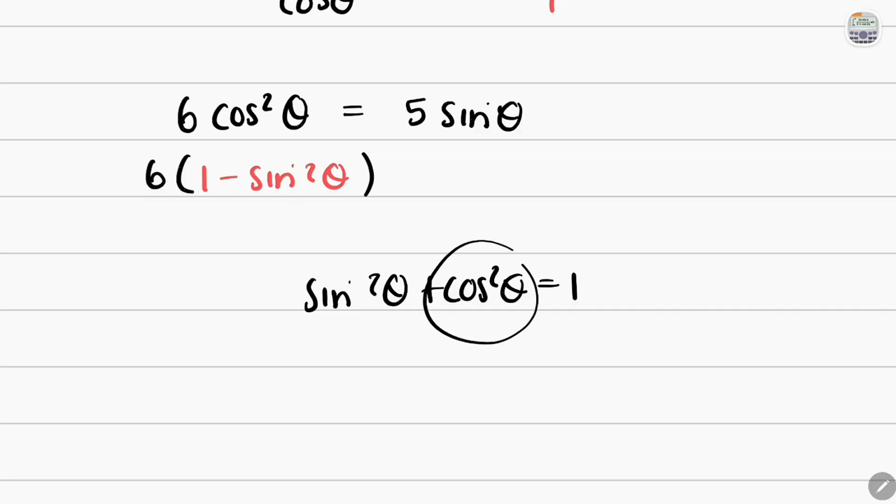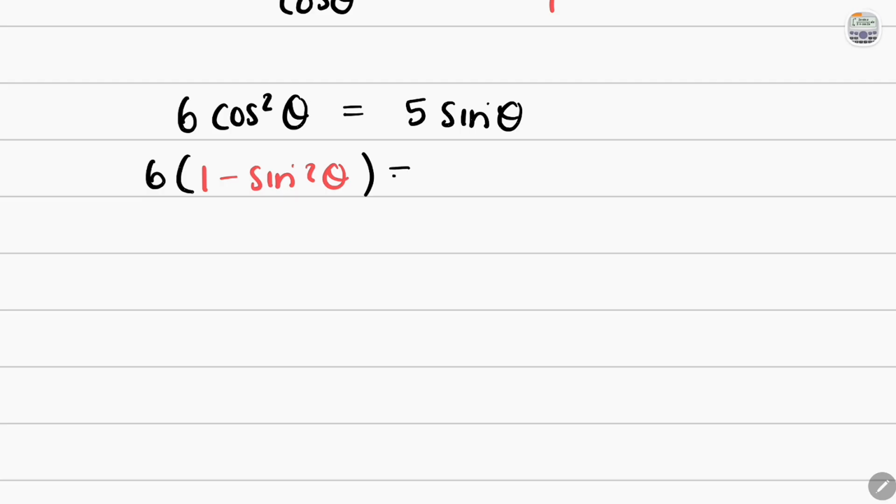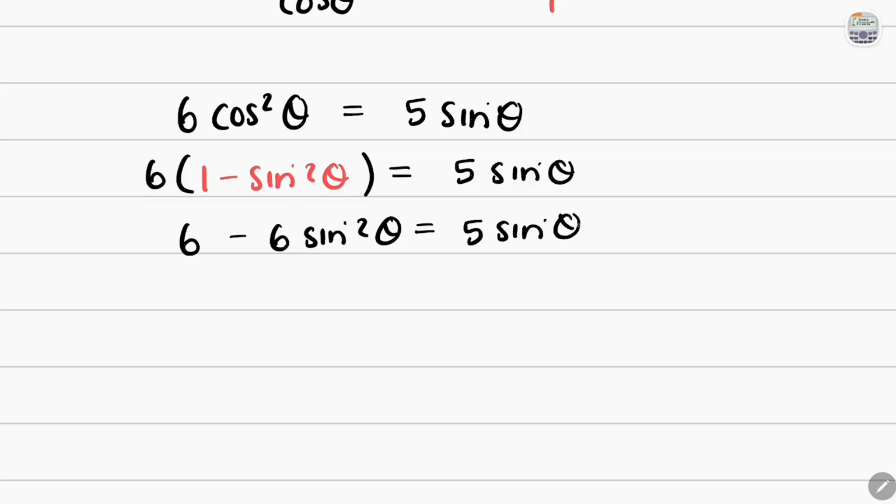If you made cos squared theta the subject, then that's where we get the 1 minus sine squared theta. So it's equal to 5 sine theta. Okay, let's distribute. So we have 6 and then minus 6 sine squared theta is equal to 5 sine theta.